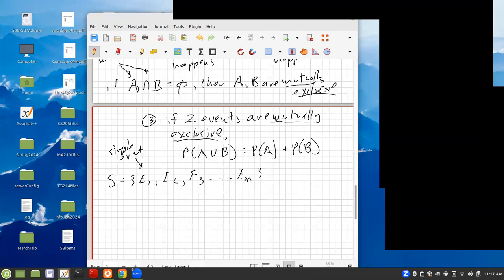If the sample space has n elements, then you can see the sample space is the union. Well, okay, I didn't say this quite right.